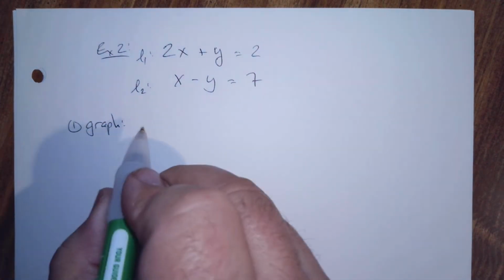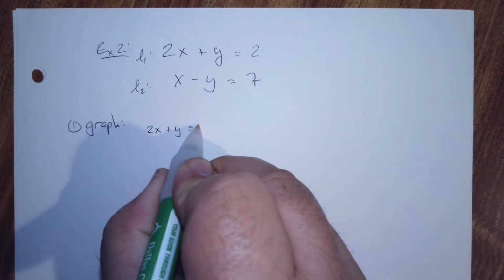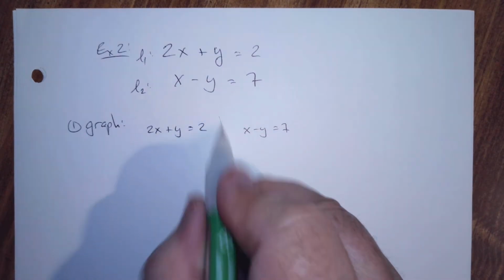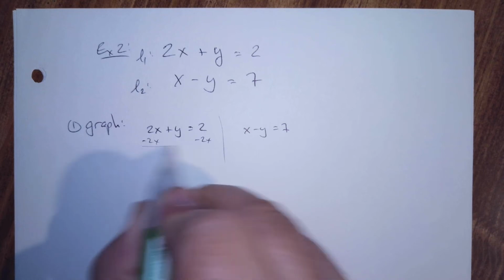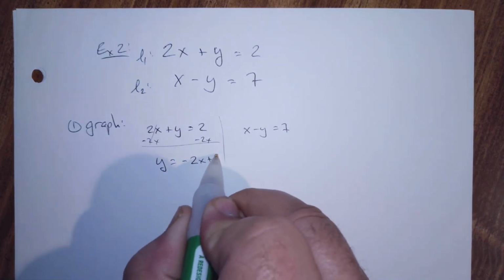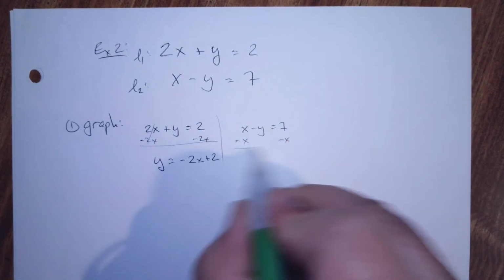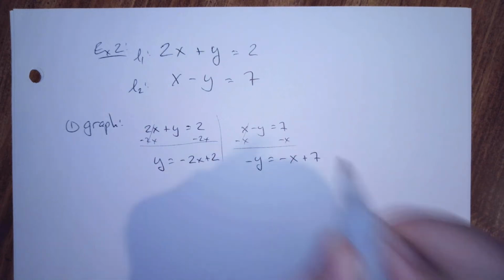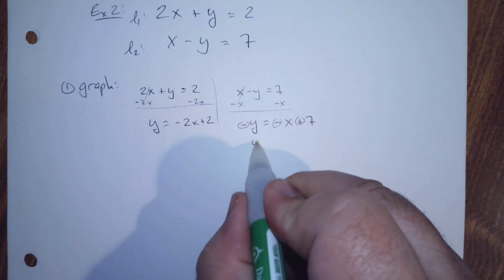So the graphing method, we take both equations, solve for y. We can't have a negative, so we have to change all the signs.